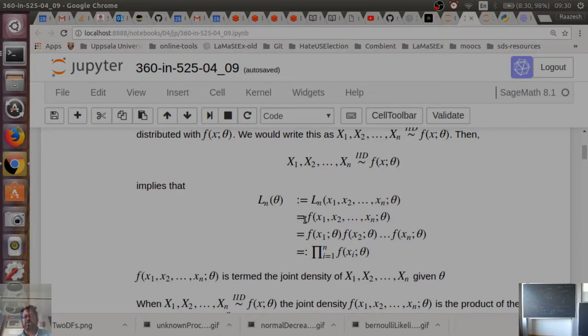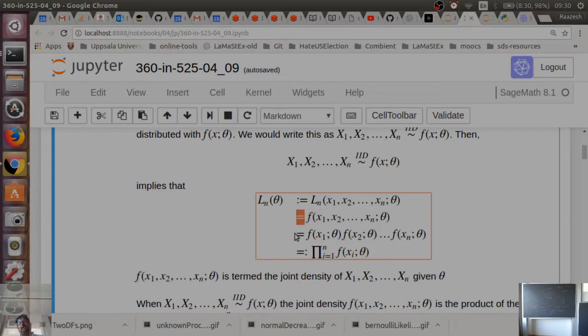And because of the IID model, this is the only place where I'm using the IID assumption: I just multiply each xi's density, because of the independence assumption. Otherwise, you have to go and write down the joint density itself. So this could apply to any model, absolutely any model, including artificially intelligent robot chatting and all this stuff.